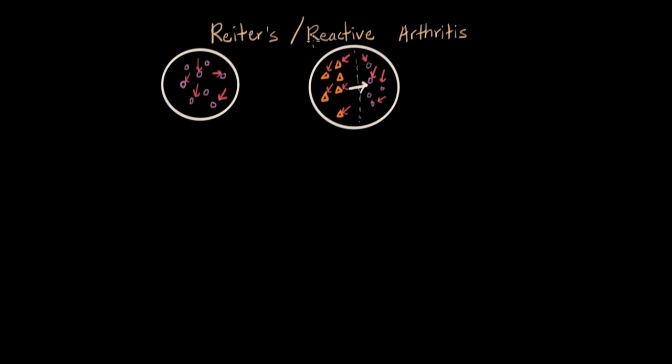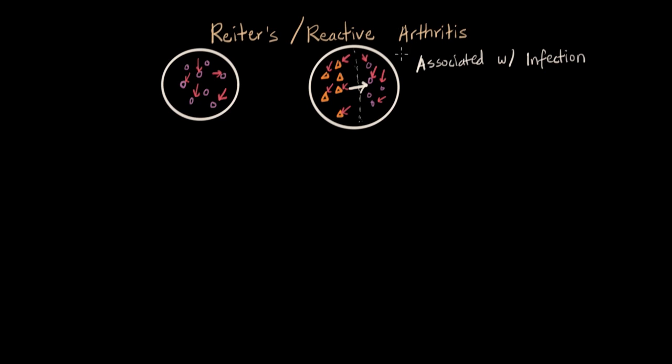So that's why it's called reactive arthritis. It's not just autoimmune out of nowhere. It's reacting to an infection that our body already went through. In other words, Reiter's is usually associated with an infection. It's something that happens after the original infection is gone, from the residual immune effect.